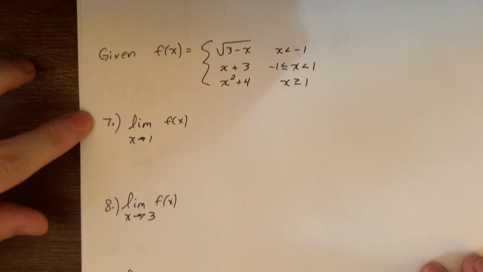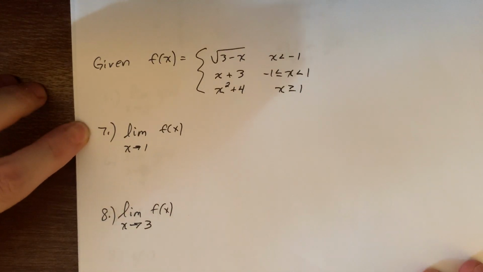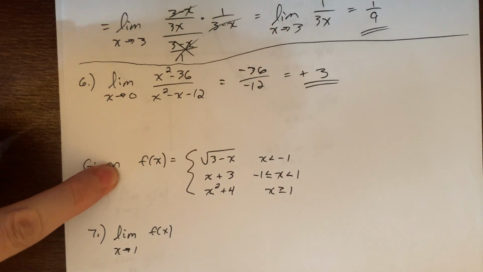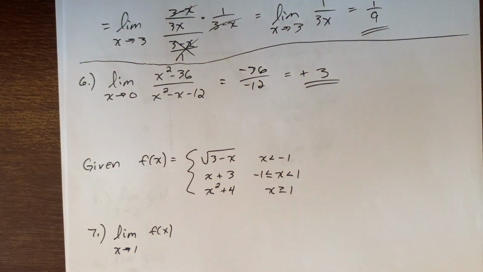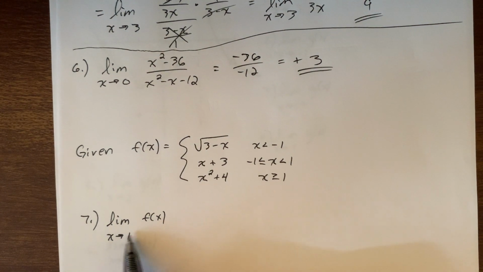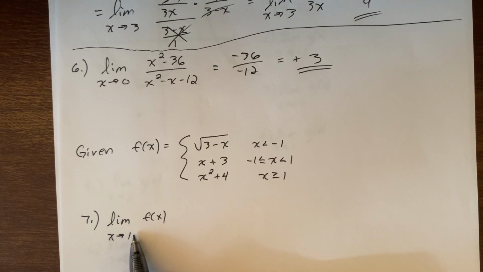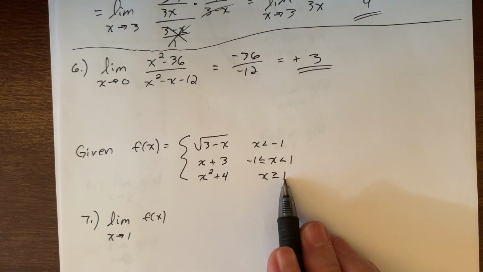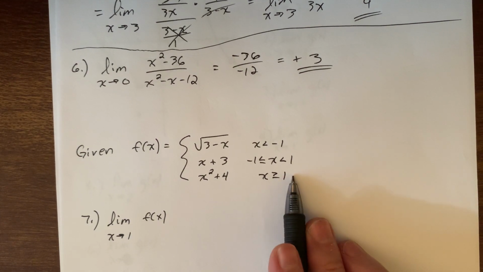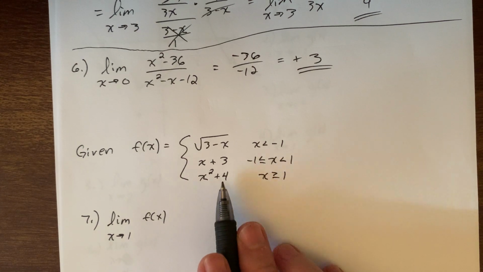Okay, now for numbers 7, 8, and 9, we're going to use this piecewise function. So a lot of figuring out the piece. As x approaches 1, which piece shall we use? Well, approaching 1, we've got to think of 1 from the left, 1 from the right. We cannot just say this is the place where the 1 is included, so use this.